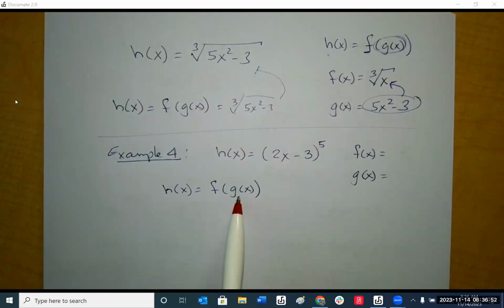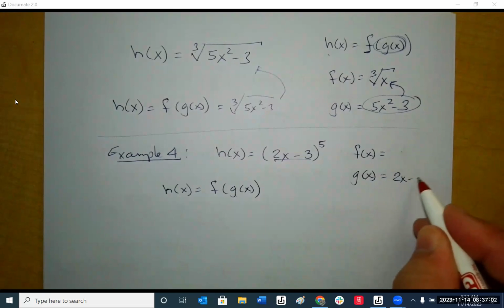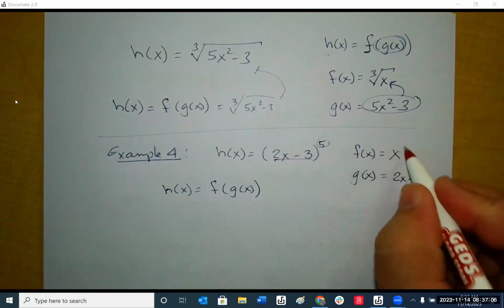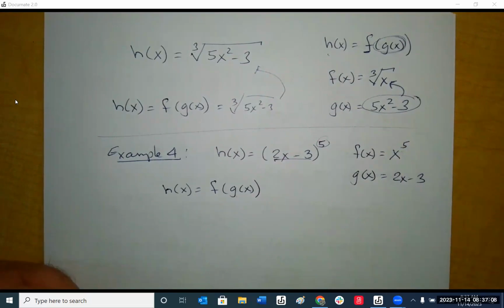Okay, what's on the inside? 2x minus 3. And it's inside what? Something raised to the fifth power. So those are your decompositions.